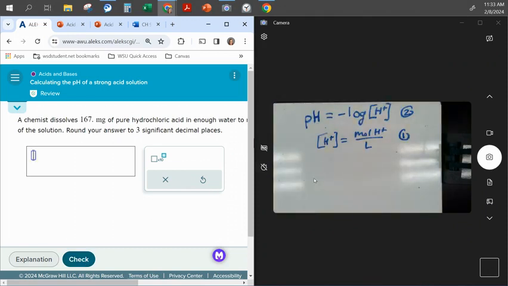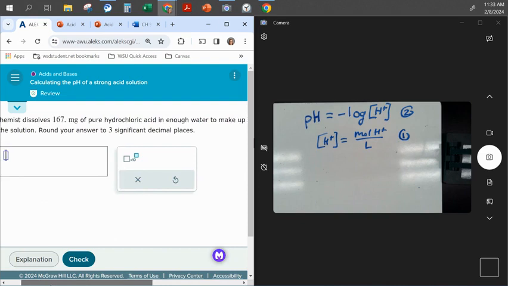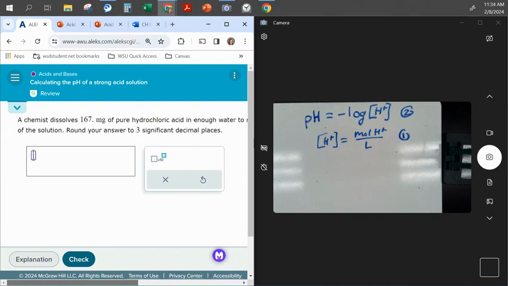So for example, it says, a chemist dissolves 167 milligrams, which is very dumb. No one ever measures acid with milligrams, I don't think. So 167 milligrams of pure hydrochloric acid in enough water to make up 330 milliliters of solution. Calculate the pH of the solution.